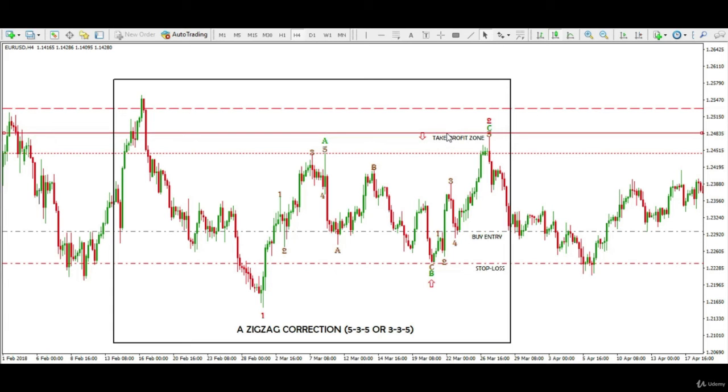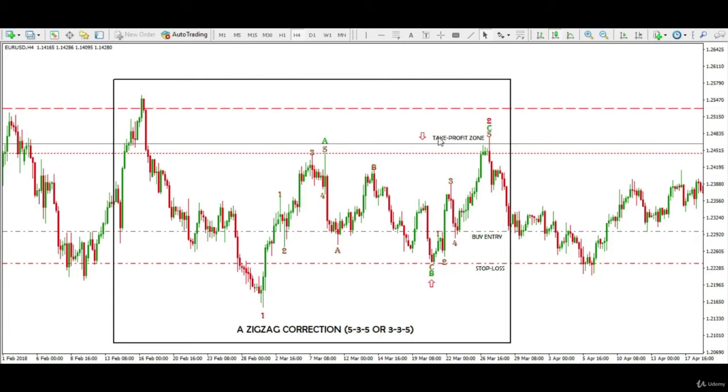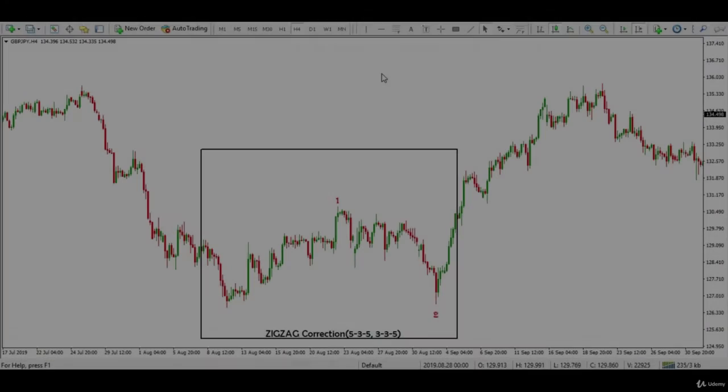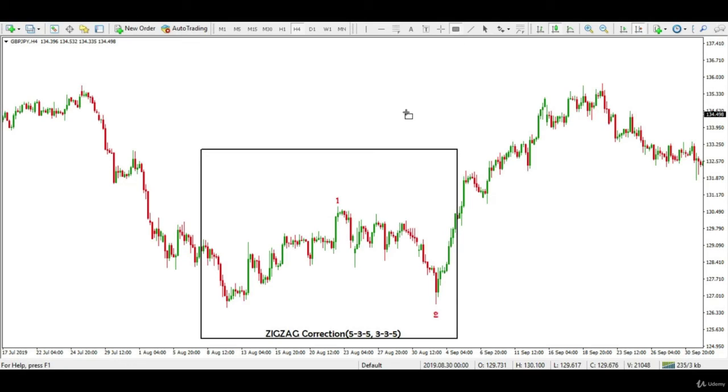Let's study another example of zigzag corrections but in a bullish market. This time we're looking at pound and Japanese yen to study zigzag correction. Once again, I will highlight the correction price area and label 3 waves within wave 2.